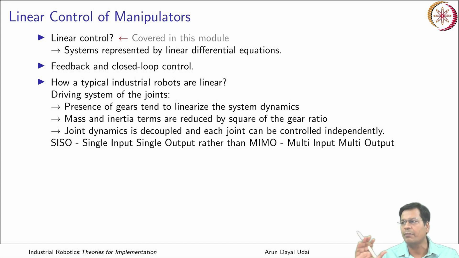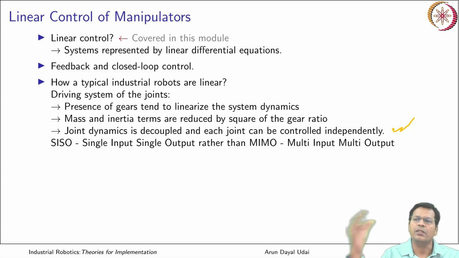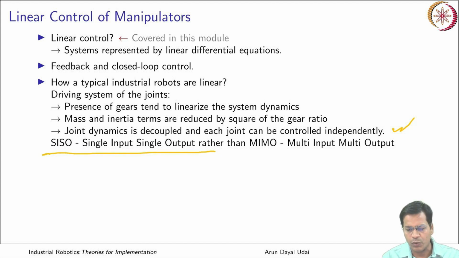You can treat them independently and each joint can be controlled independently. One link's motion is not going to affect the other. That is what isolation means here. So single input, single output control is easily possible rather than multiple input, multiple output.